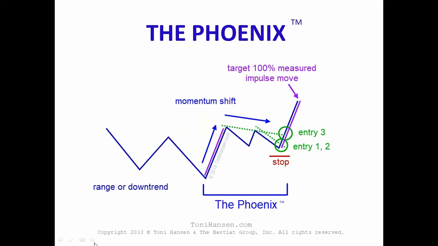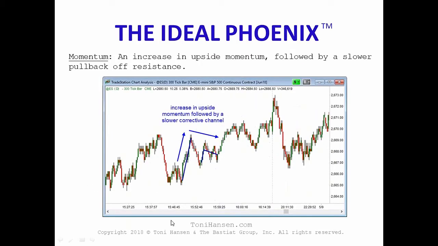What we're going to do today is look through each of the components that go into making a Phoenix. A Phoenix starts out when we are looking for a reversal coming off of the lows, where we are first looking at momentum. We need to have an average to stronger than average move off of a low, and then we are looking for a gradual pullback or correction.